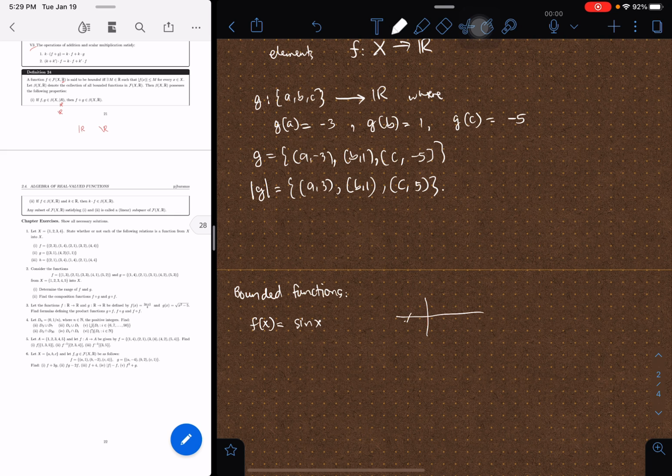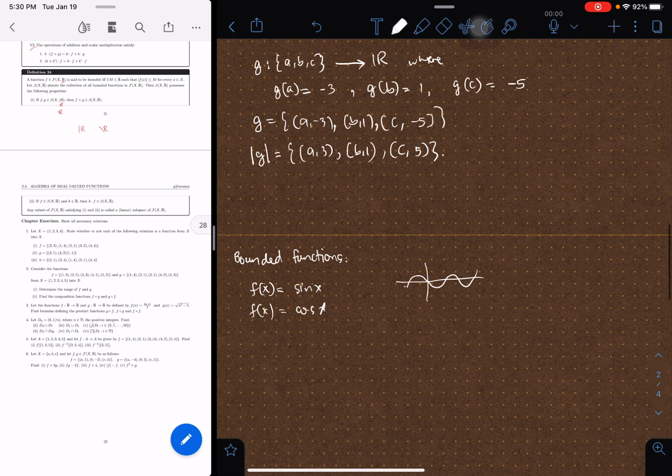Or f of x is equal to the cosine of x. However, f of x equals x squared is not bounded. The graph is a parabola with vertex at the origin, and it extends indefinitely upward. So we cannot find a real number m that bounds the absolute value of f of x for every x.